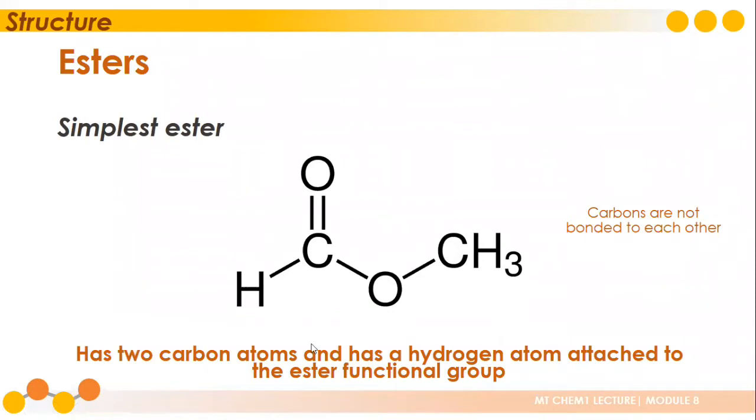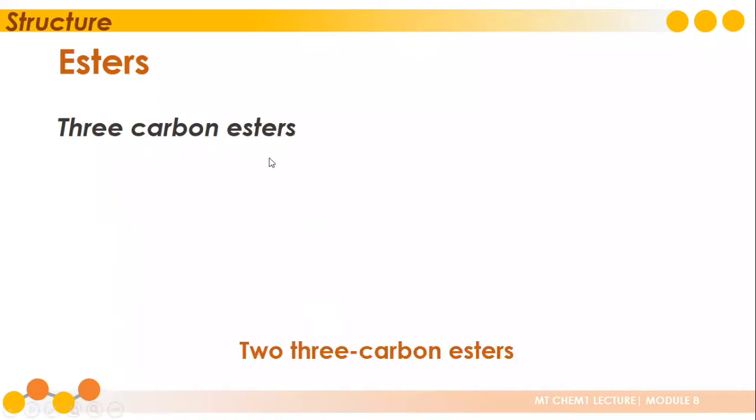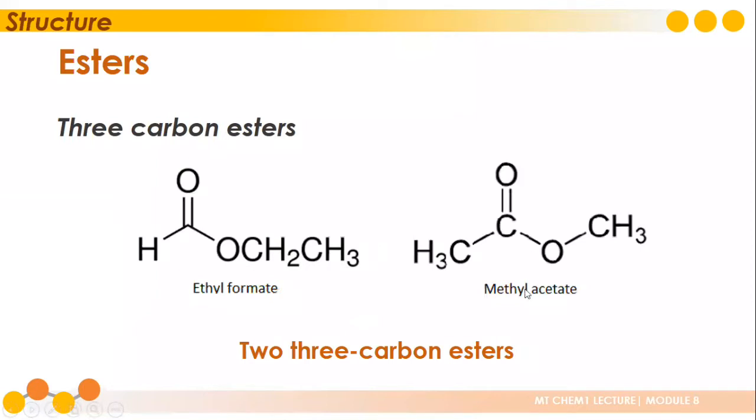Following these two carbon atoms, another simplest ester that we can find is the 3-carbon esters, and there are two types of 3-carbon esters. You can notice here that we have ethyl formate and methyl acetate. Our functional group again for esters is COOR.